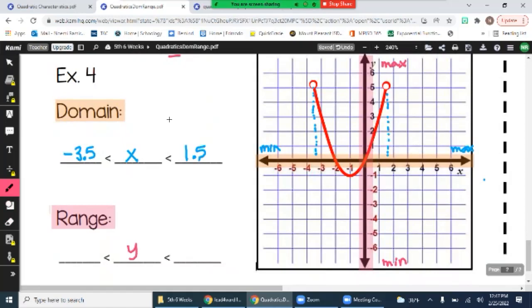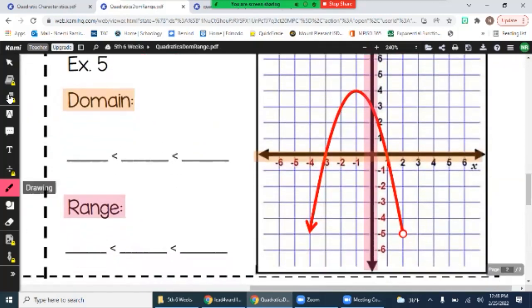So my lowest point, how low does this parabola go, Aiden? -1. Once again, no gap. It's considered closed. So -1, underline. How high does it go, Anthony? It goes up to the 5. Do I underline it? No, both of those are open circles. So I don't have to worry about, is it open, is it closed, do I underline, do I not? Questions?